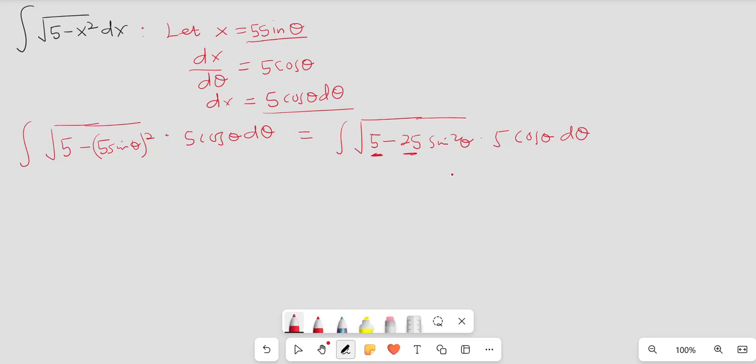If we could factorize, we would have 1 minus sine squared theta, which you can easily substitute with cosine squared theta, the Pythagorean identity. So using x to be 5 sine theta, we are not able to solve this integral. So the substitution of 5 sine theta as the expression for x is incorrect.